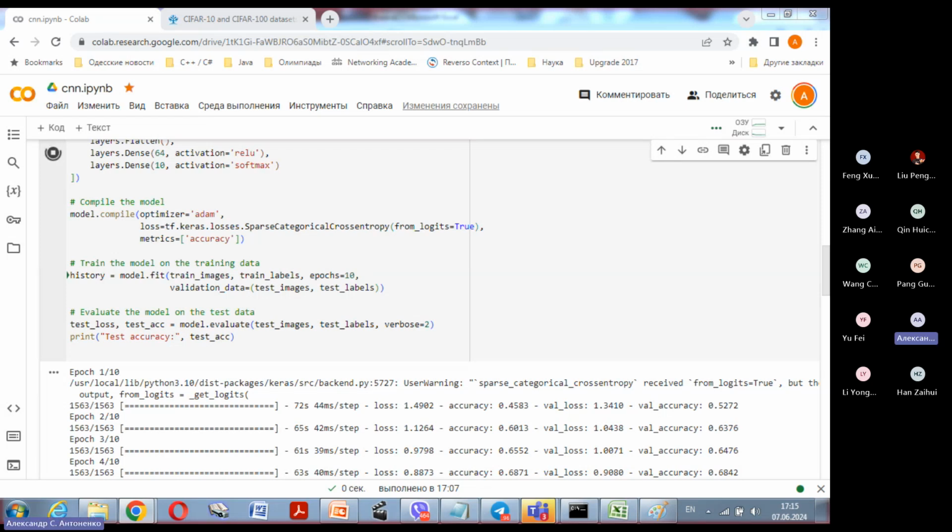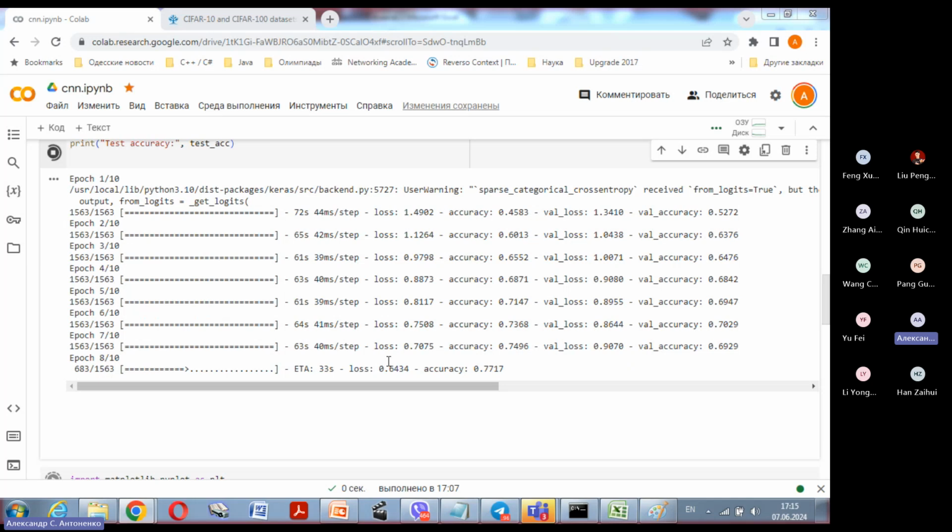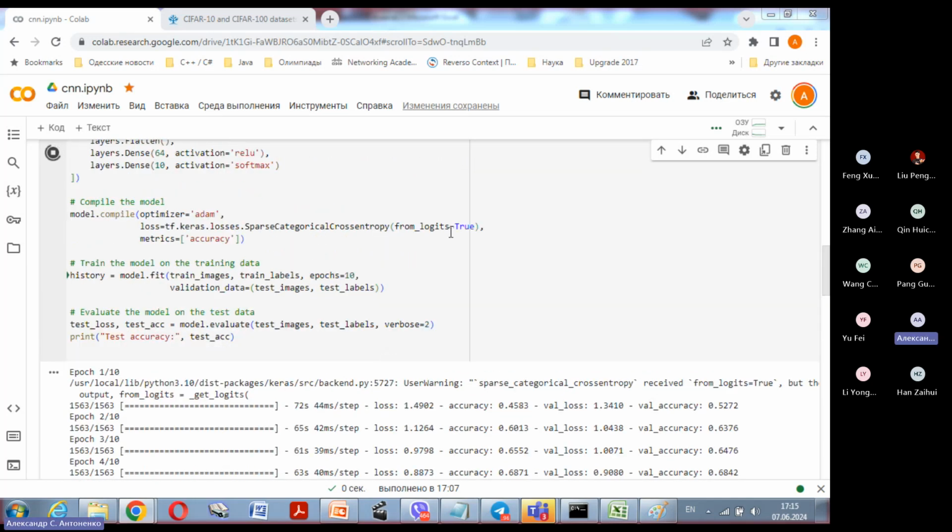So I need to use the Adam optimizer, and for the loss function, I need the categorical cross entropy function and the metric accuracy. But I use sparse categorical cross entropy. So I use not the correct function.